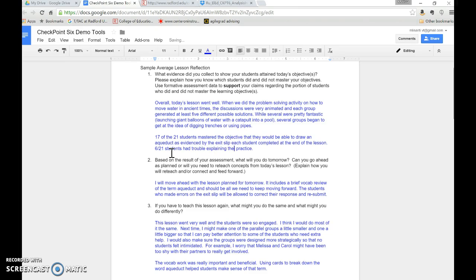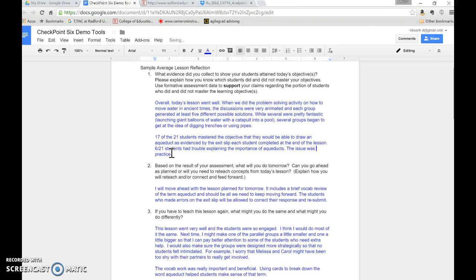explaining the importance of aqueducts. The issue was that they couldn't explain the importance of moving water.